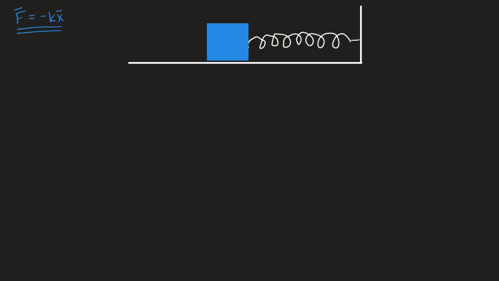So if we say that right now the spring is in its relaxed state, then it requires no force for the box to stay there at the edge of the spring. But if I want to compress the spring some distance, no matter what distance I wish to compress the spring, that doesn't look very compressed, let's make it look compressed. There.